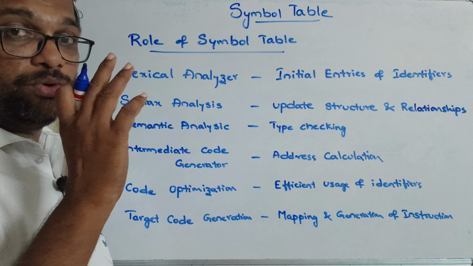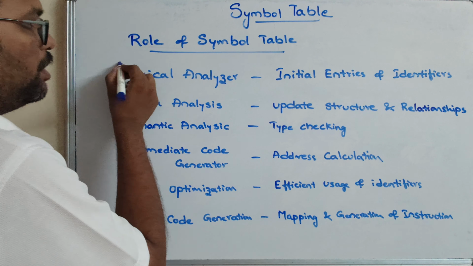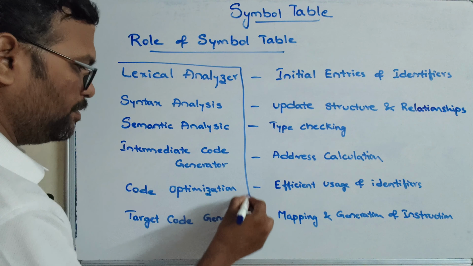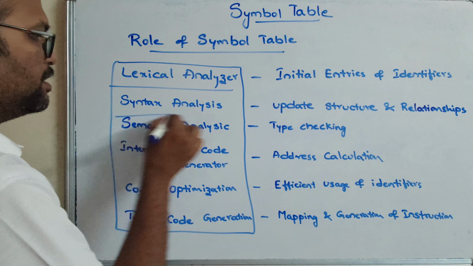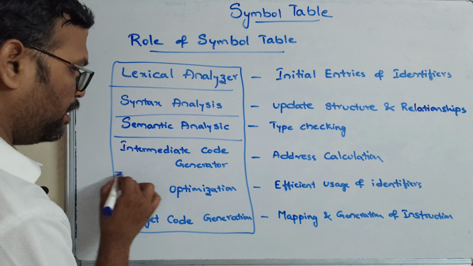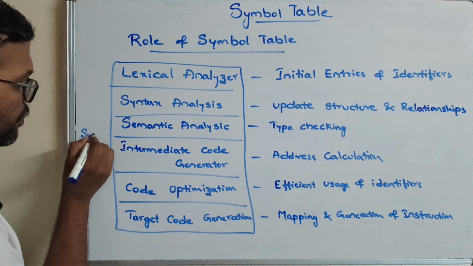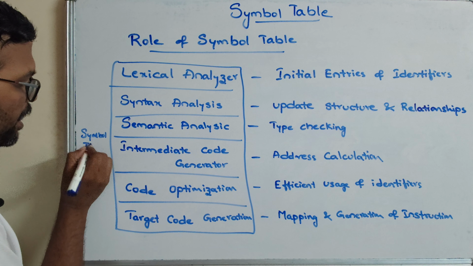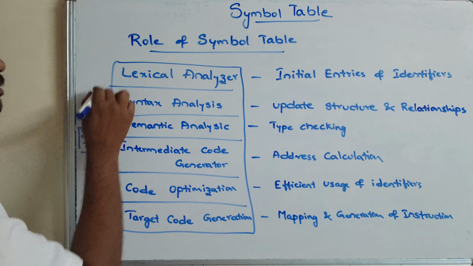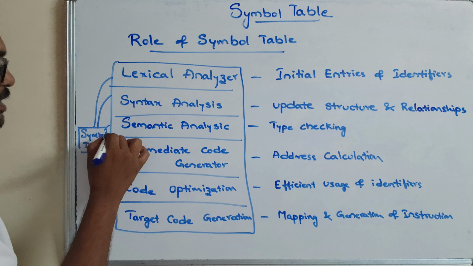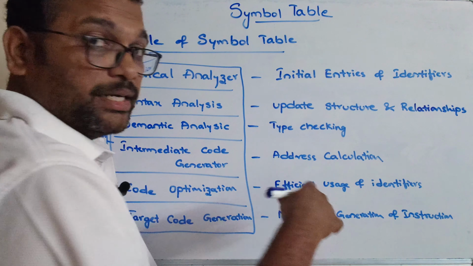I think you remember the phases of a compiler. We have written all these phases, and to the right side of them will be the symbol table. It will be the input for every phase. Here we have also written one more thing, error handling.